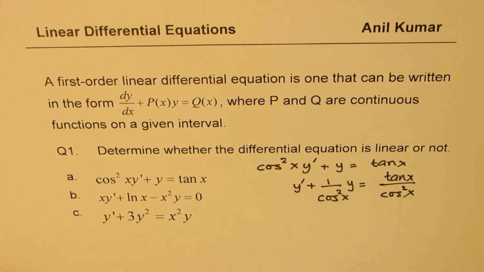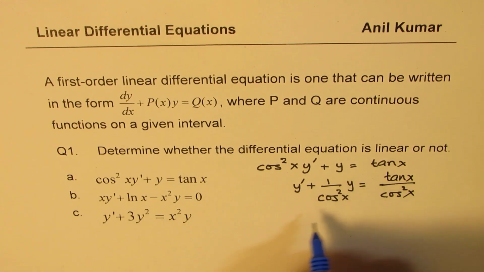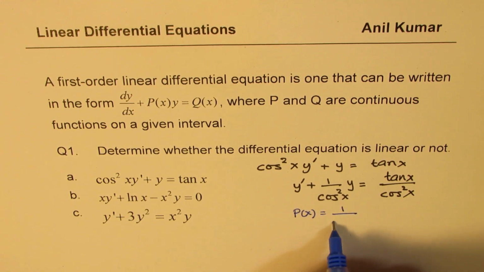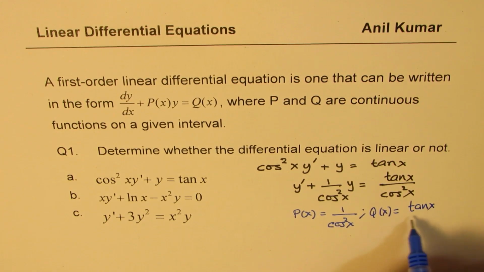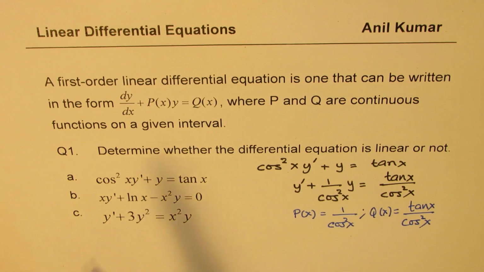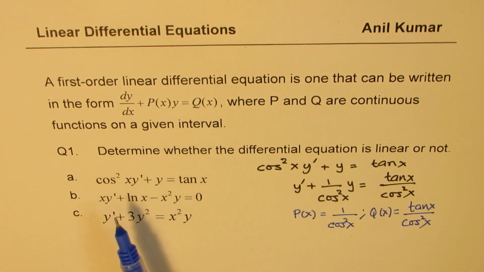So I have written it in the given form, and if you compare, you could easily say that in this case p of x is equal to 1 over cos square x, or you can say secant square x, and q of x is equal to tan x over cos square x, right? So that is how you could identify p of x and q of x.